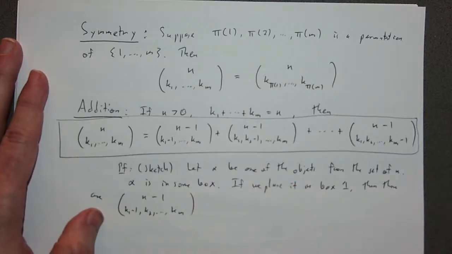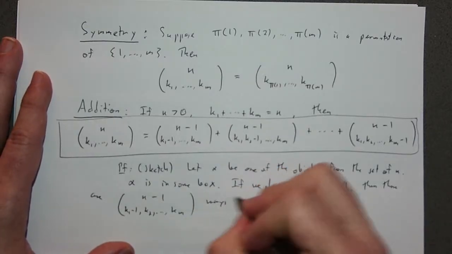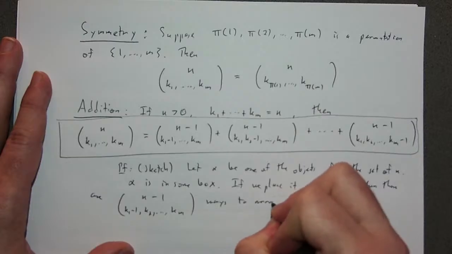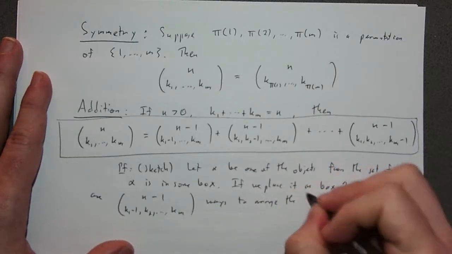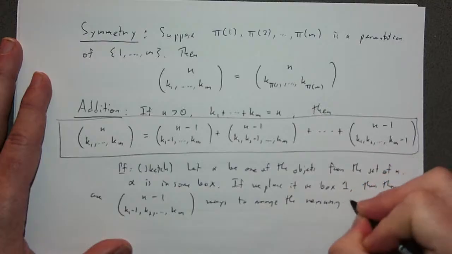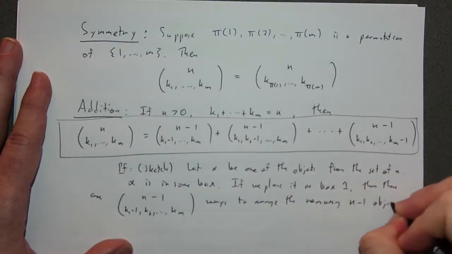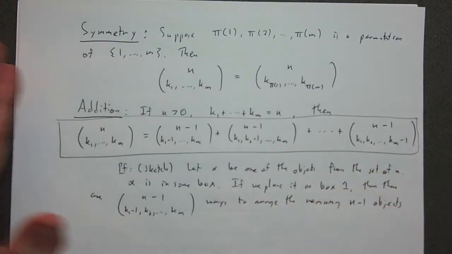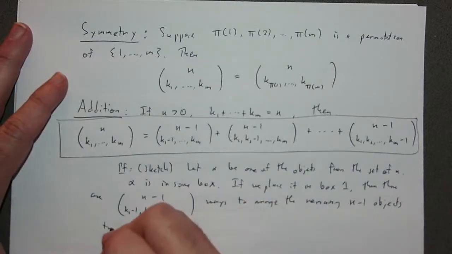This is the number of ways there are to arrange the remaining n minus 1 objects, because I've only taken alpha out of this, to create a valid arrangement.